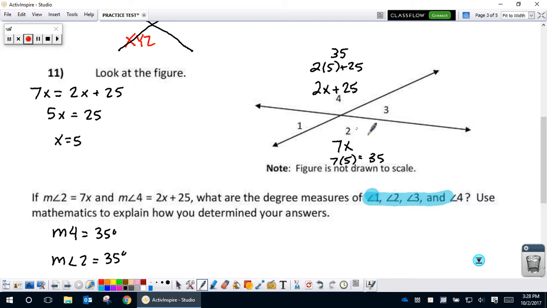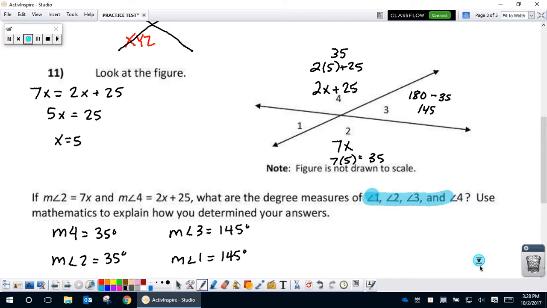And now that you know those, you can find the measure of angle 3, because angle 4 and 3 form a linear pair. So this is 180 minus 35, and that is 145 degrees. And angle 1 is vertical to that, so it has to be 145 as well. Magic!